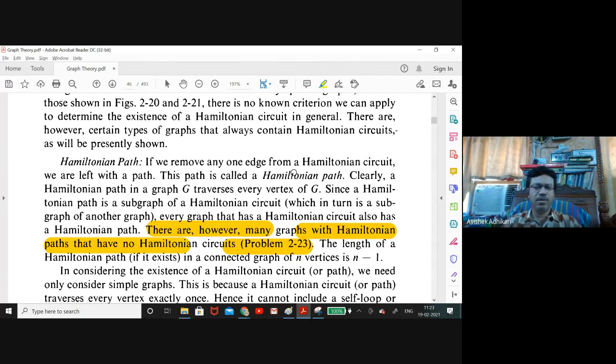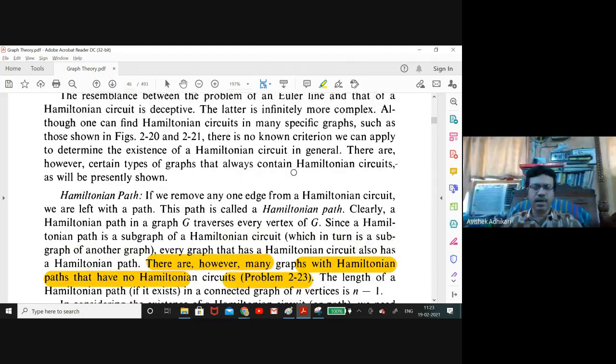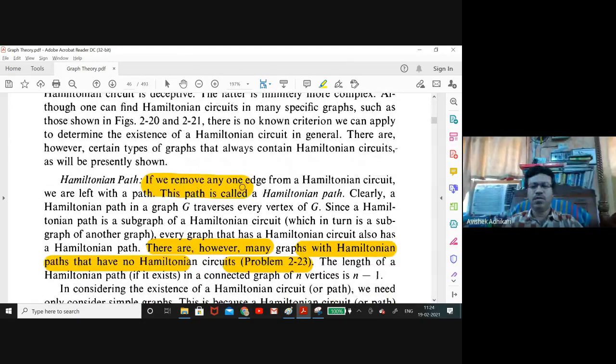So I think you can also have a try at some necessary and sufficient condition for a graph to be Hamiltonian or not. As I just mentioned, this is the Hamiltonian path. If we remove one edge from a Hamiltonian circuit, we are left with a path. This path is called a Hamiltonian path.